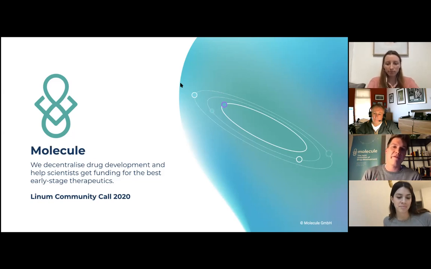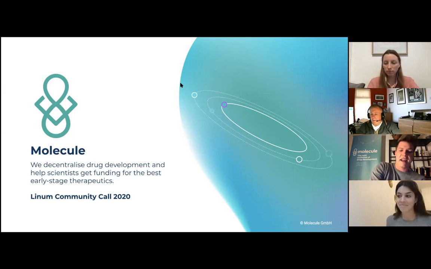And we believe that if we had a more open source and incentivized development system, therapeutics could come to patients at a much faster pace, and be much more accessible to many people.